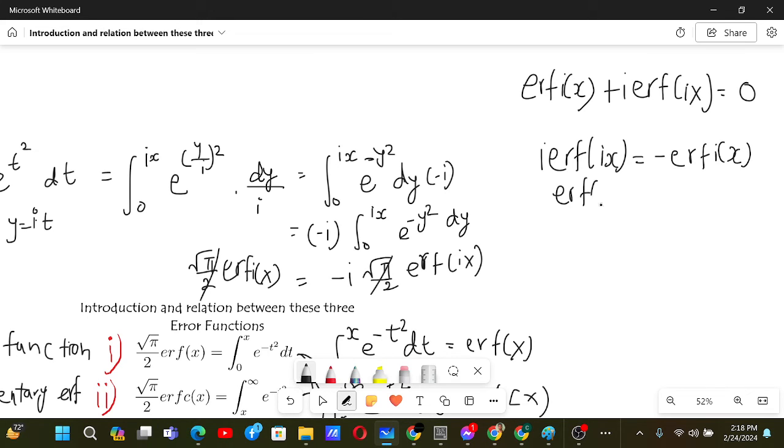We will have erf of ix is minus 1 by i times erf of x. Okay. So we have this nice relation that erf of ix is actually equal to i times erf of x.